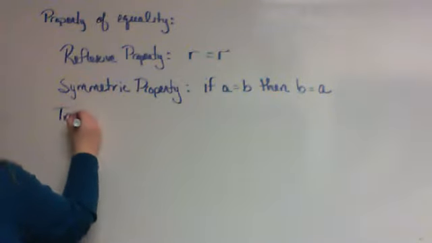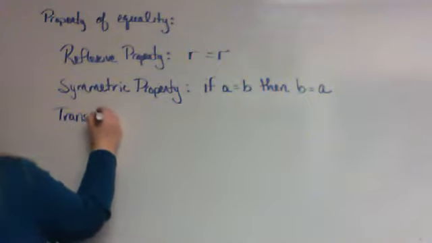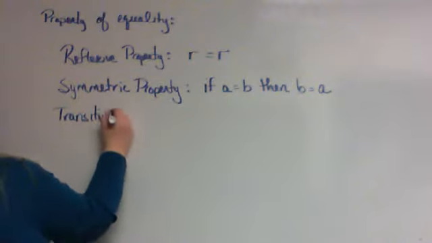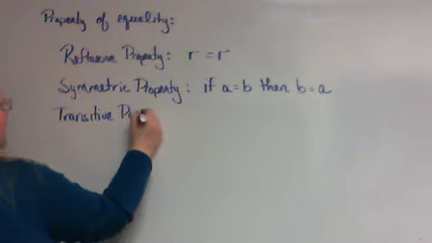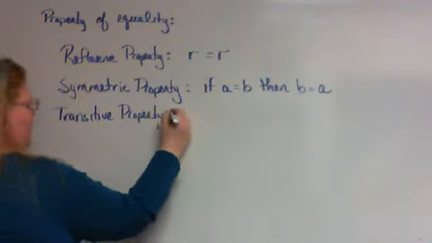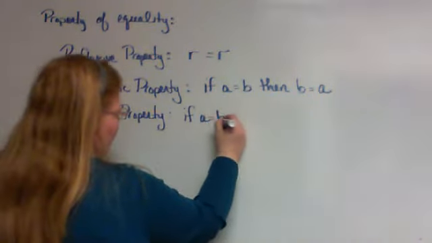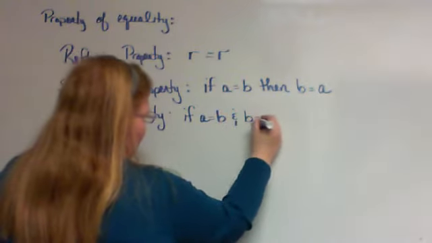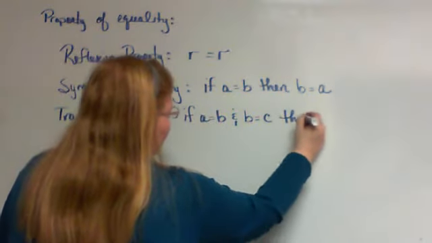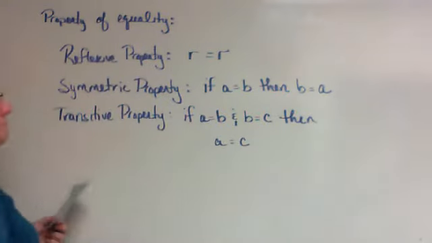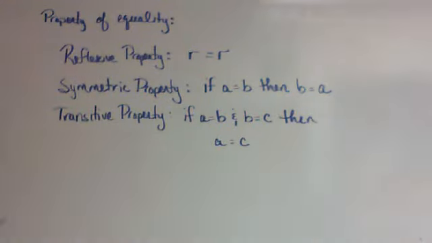That has an N in it. Which says if A is equal to B and B is equal to C, then A must equal C by the transitive property.